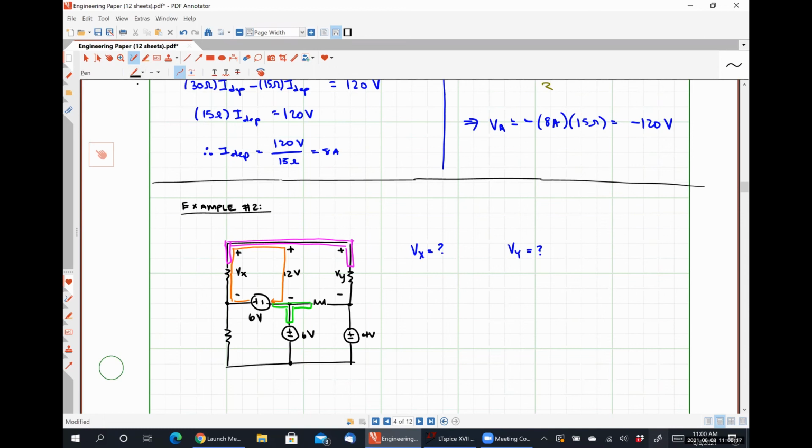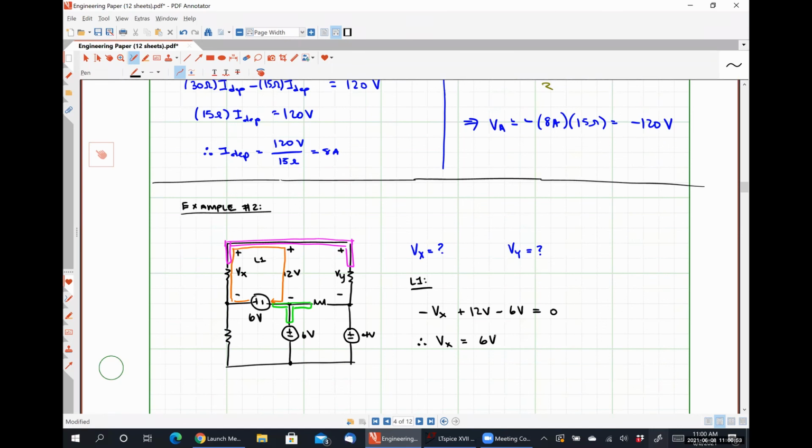So my Kirchhoff's voltage law equation for this first loop, I'm going to call it loop 1, would be negative Vx plus 12 volts minus 6 volts is equal to 0. And I can easily solve this and then say that Vx is equal to 6 volts.